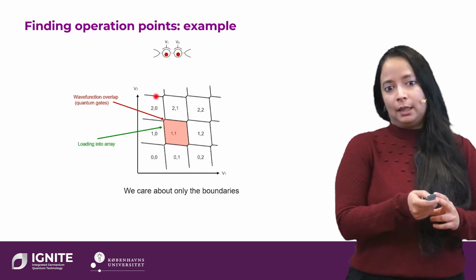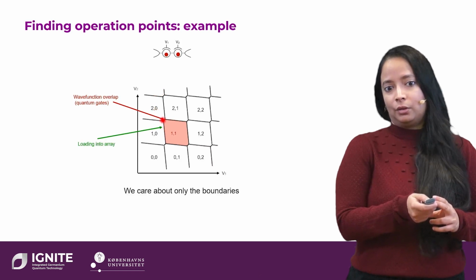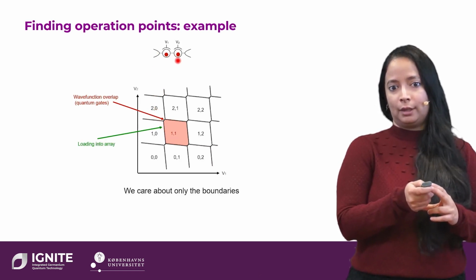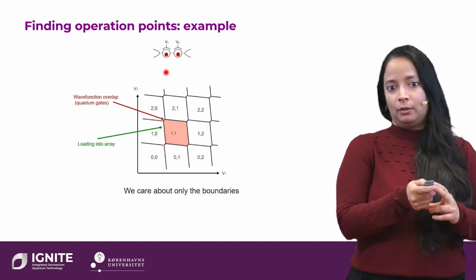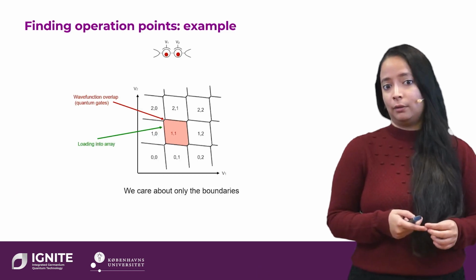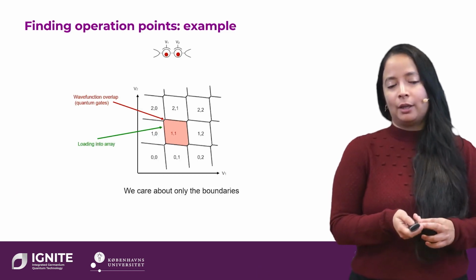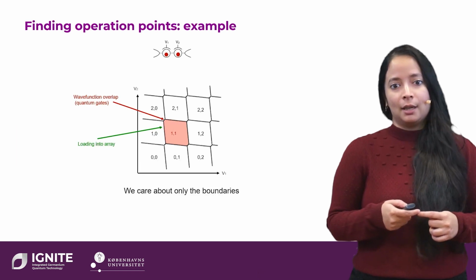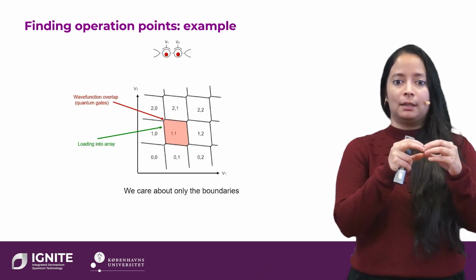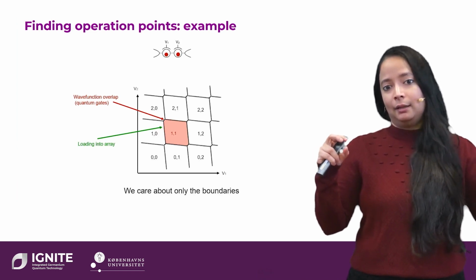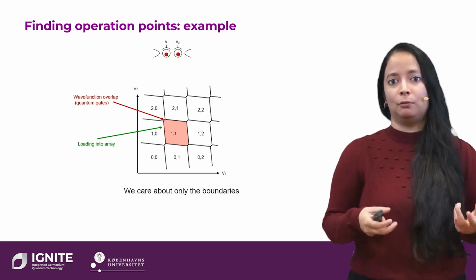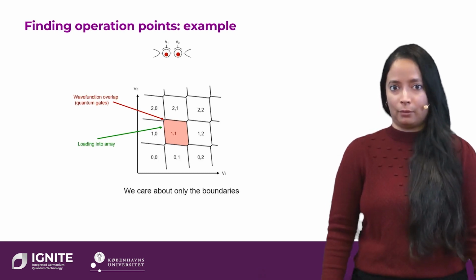More interestingly, you can also go from the 2,0 to 1,1 state, which means that in the 2,0 state, both your electrons are on one quantum dot, while in the 1,1 state, you have one each in the two different quantum dots. And so by going to the boundary of these two states, you are just making those two overlap their wave functions, and you can then separate them, and you can see that they have rotated each other by a given amount, and this would be a 2-qubit operation that you are performing.